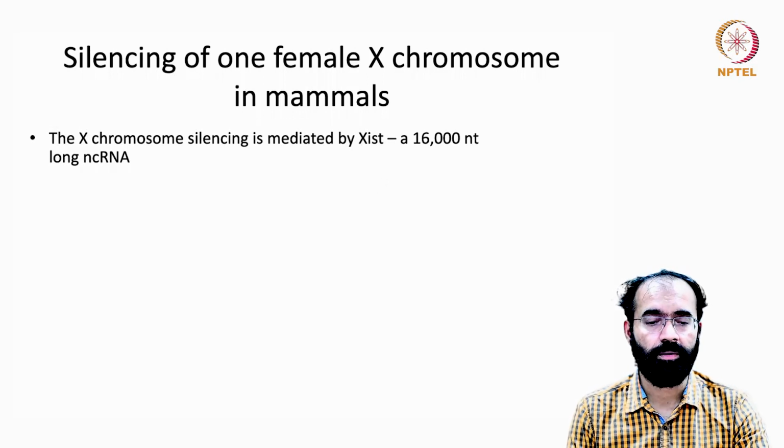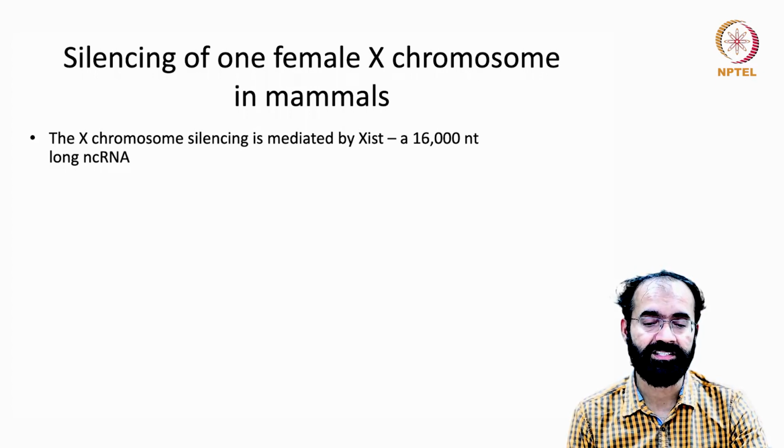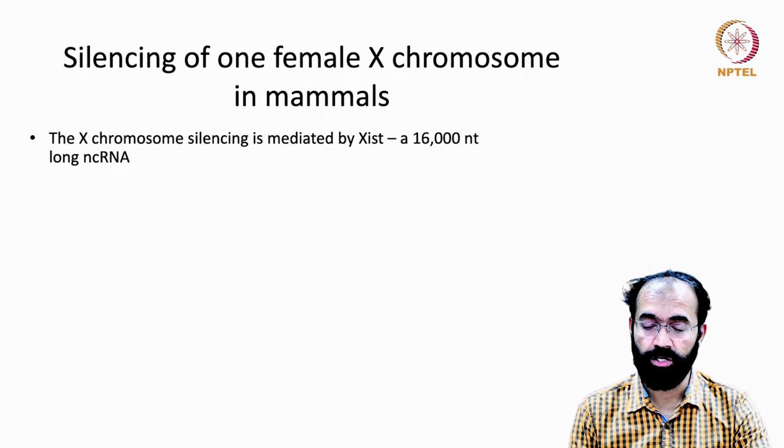The X chromosome silencing is mediated by a large non-coding RNA called XIST. What is XIST? X-inactivation specific transcript. So it's a short form of that long word, XIST, which is a non-coding RNA around 16,000 nucleotides long.